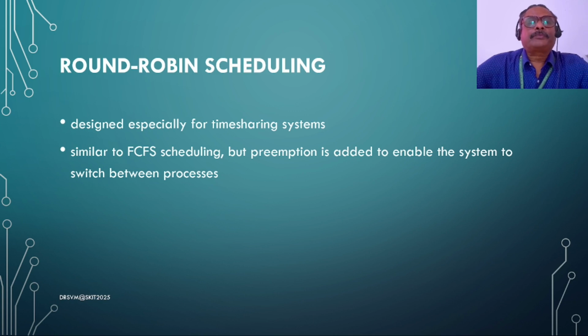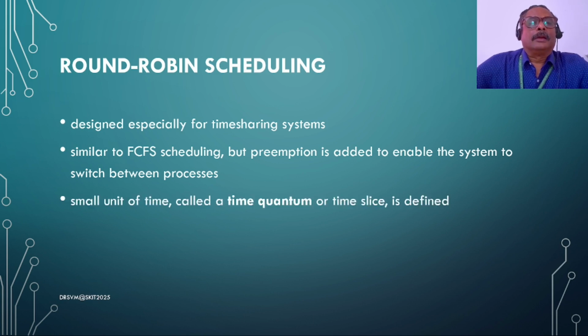But round robin works almost like first come first serve scheduling, but preemption is there so that while one process is running we can stop it and make another process run on a round robin basis.